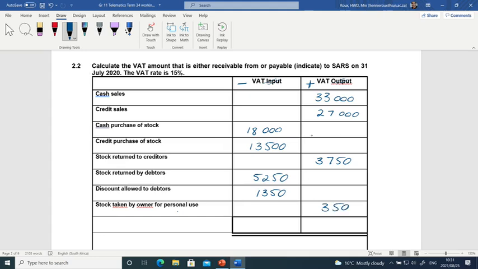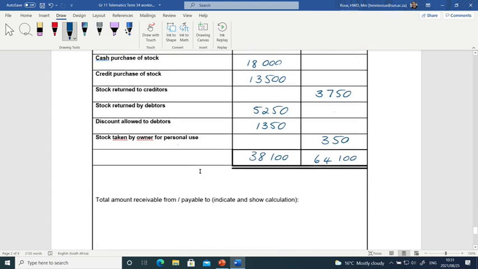So instead of showing that 3,750 as a minus there, showing that one as a minus, a minus, a minus, we just show it in the opposite column as a plus and a minus. If we add this, it adds up to 38,100. The increase is 64,100.